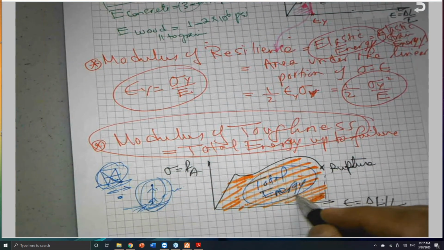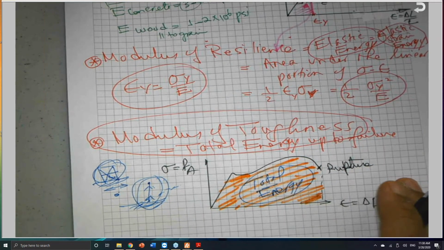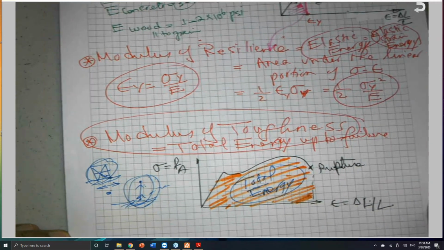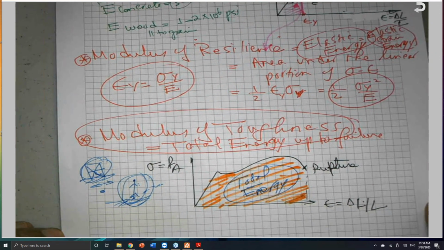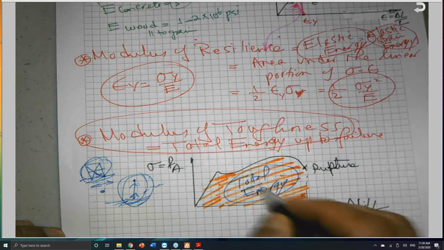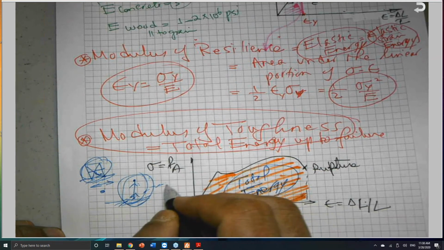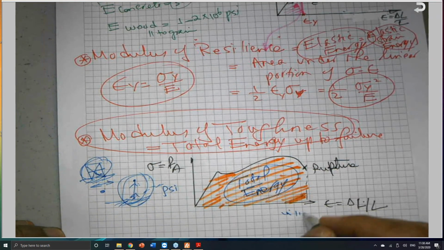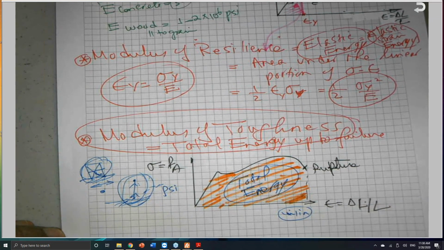So this energy is very, very important, which is called toughness, the total energy. And the units, by the way, since it is an area, stress is in PSI and strain is inch per inch. Strain is dimensionless, but we use inch per inch or millimeter per millimeter.